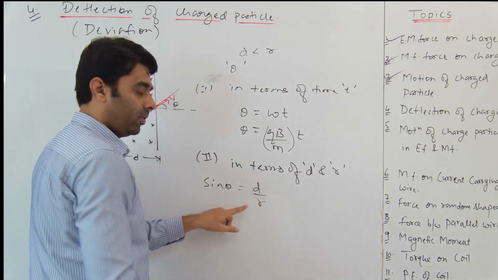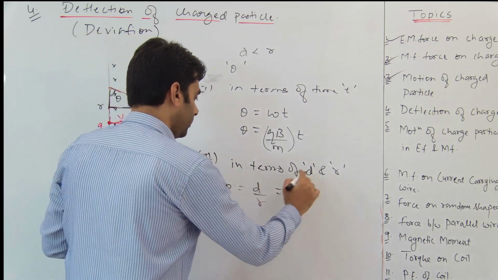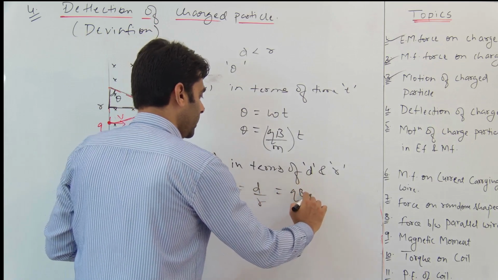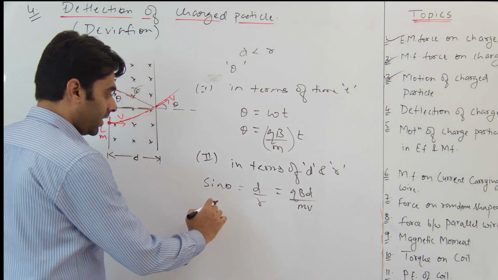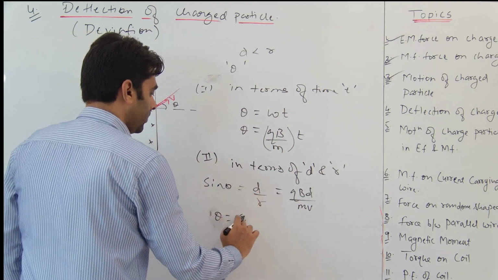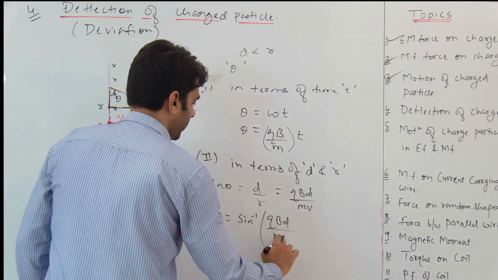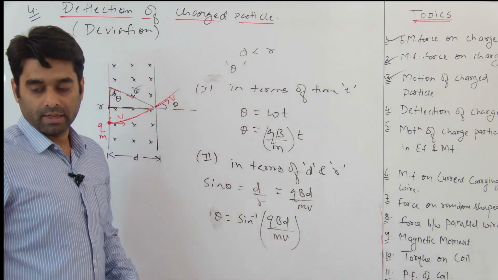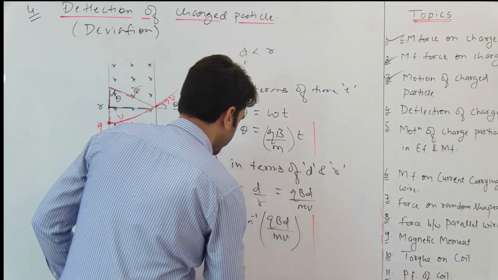If we substitute, r value is mv by qB. So when we substitute, we get qBd by mv. So the deviation theta will come out to be sine inverse of qBd by mv, right? So these are the results: the deviation in terms of time and in terms of distances.